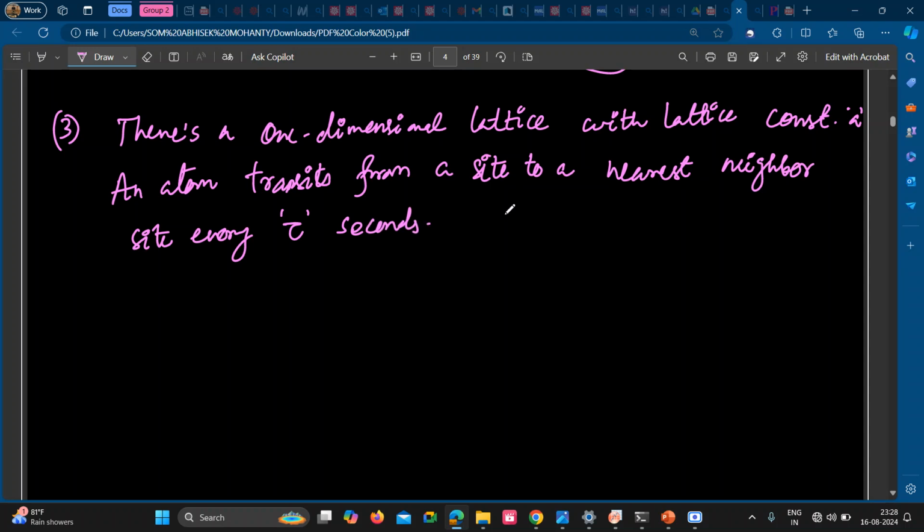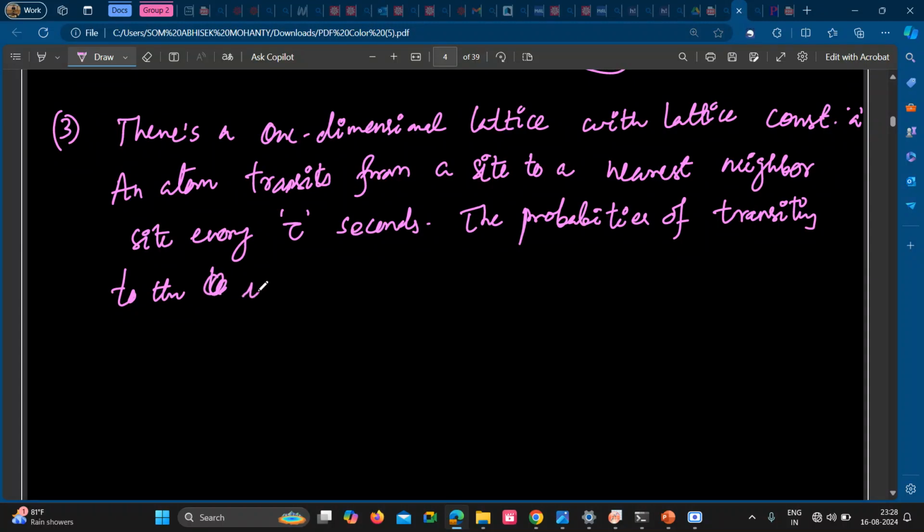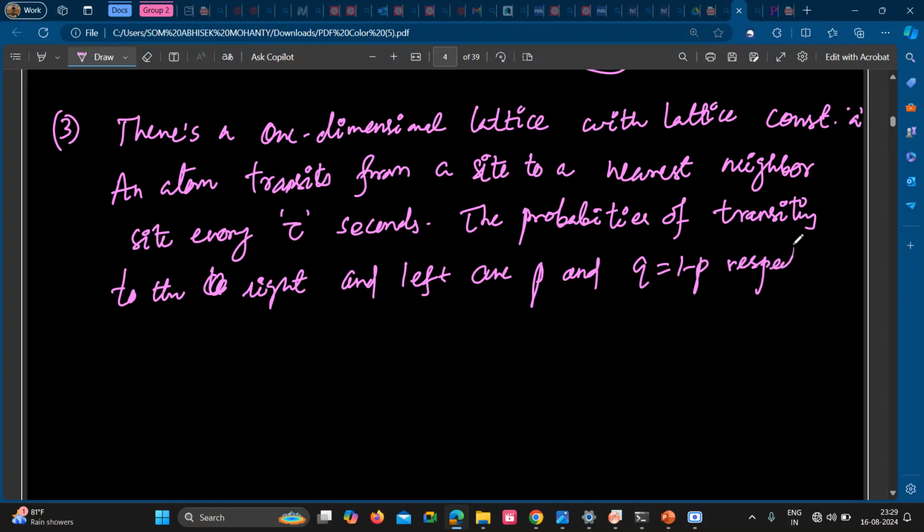The probabilities of transiting to the right and left are p and q equal to 1 minus p, respectively.